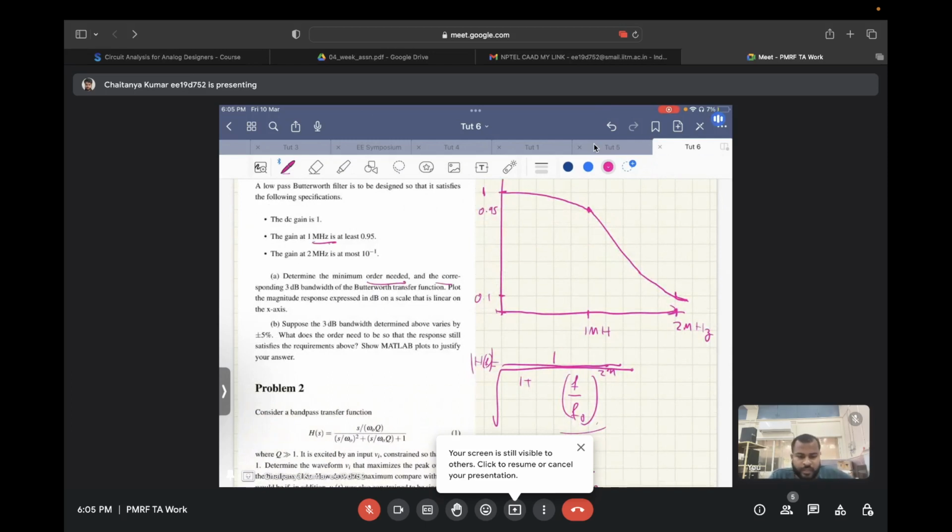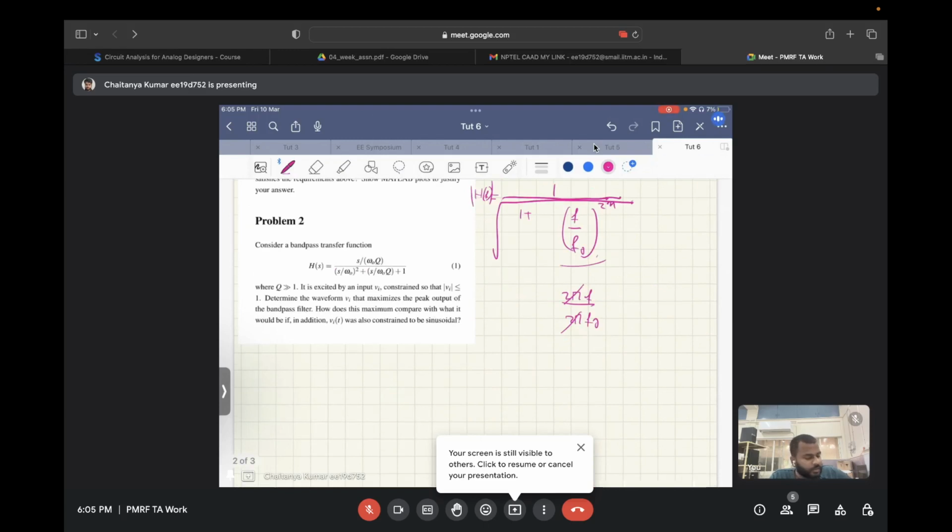You should be careful actually. Here it happened because the bandwidth also had 2 pi, and the argument of omega also had 2 pi, so that got cancelled. But you should be careful whether you have to put 2 pi first and then cancel it. I wrote it directly, but just be careful in the exams.